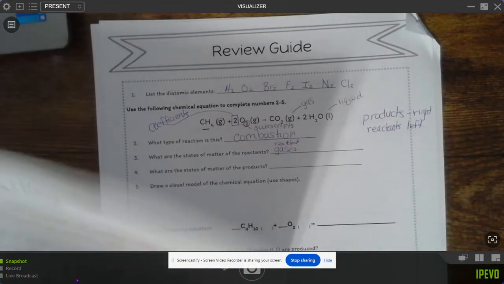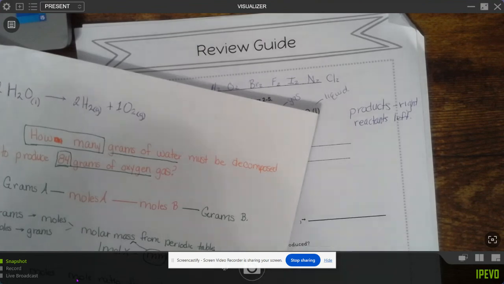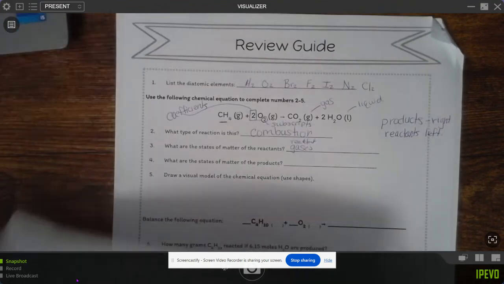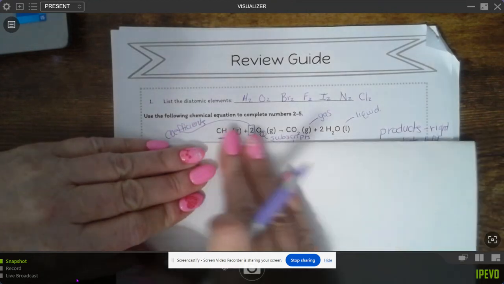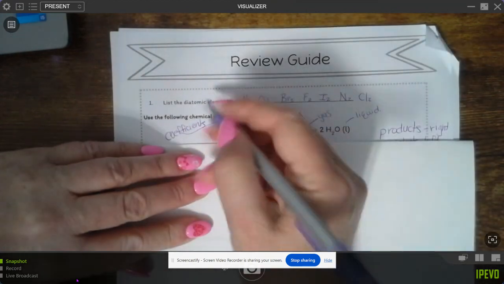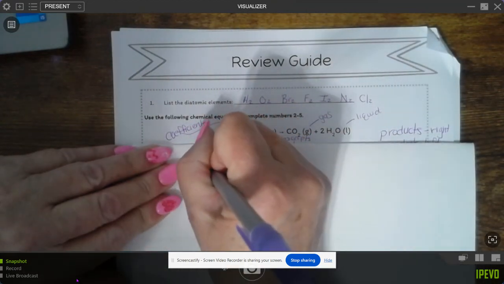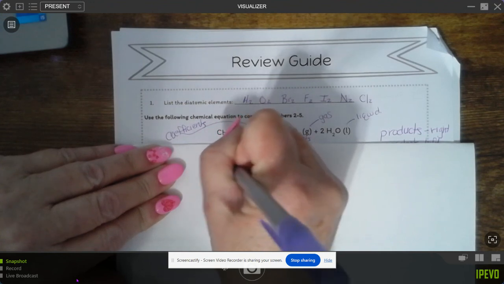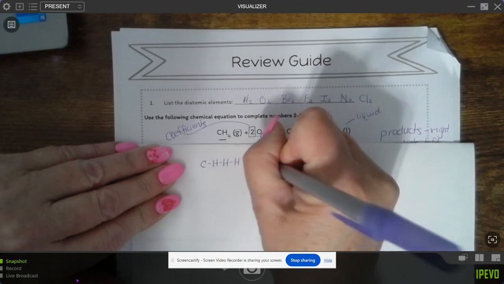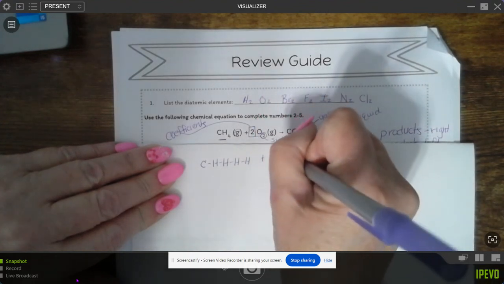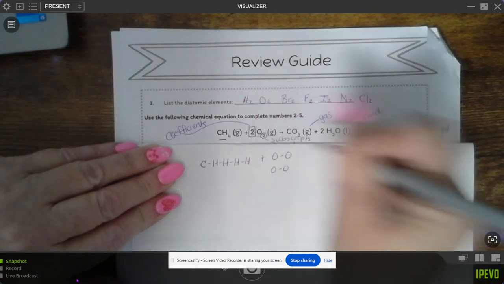Another way would be just to show the elements. Now the goal in this model is that there are no numbers. So I would do C, H, H, H, H, that's CH4, plus O2, which is two oxygens connected.